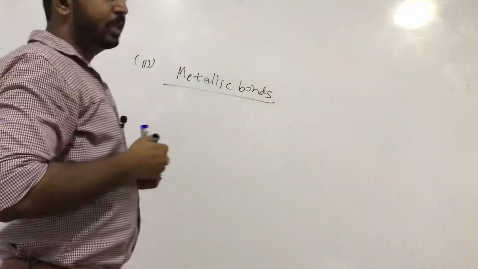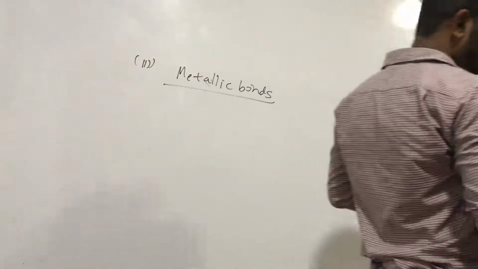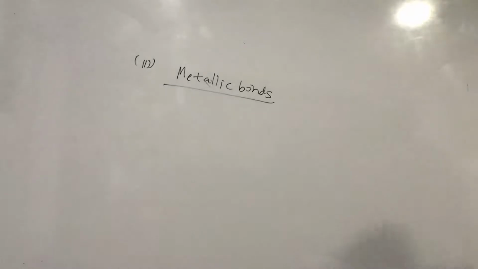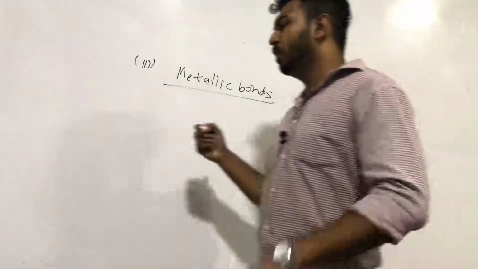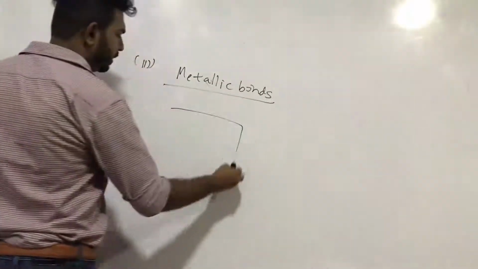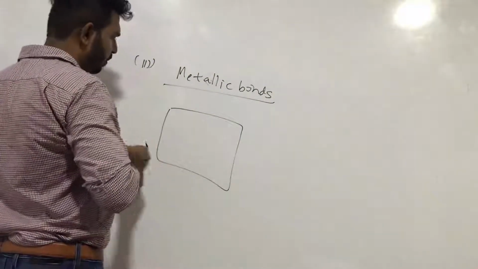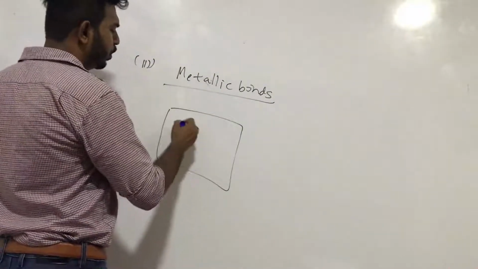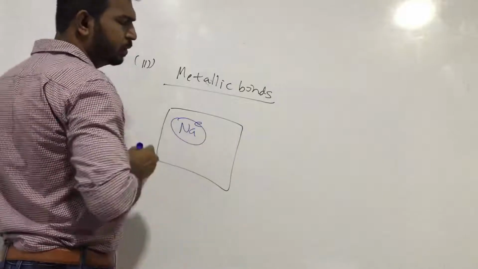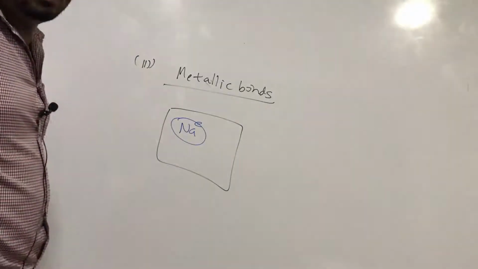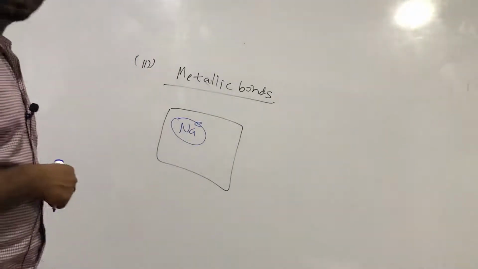When we consider metallic bonds, we know that metallic bonds are formed inside metals. When we try to understand this phenomenon, we know that normally the outermost electrons of metals are very loosely bonded to the nucleus.